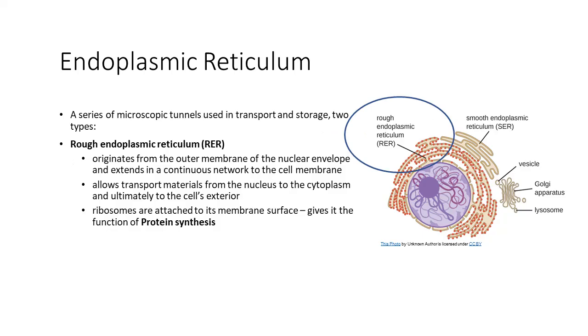Here where you see the red dots, that is what we refer to as the rough ER, or the RER. And the reason it's called rough is because microscopically it looks rough, and that's because on those surfaces are these little red dots known as ribosomes. Now, the rough ER comes straight off of that nuclear envelope, the double membrane part of the nucleus, and it has this very intricate folding network of membrane structures.